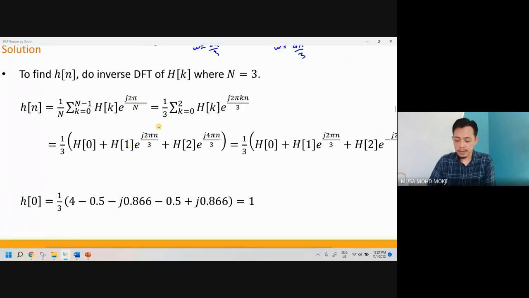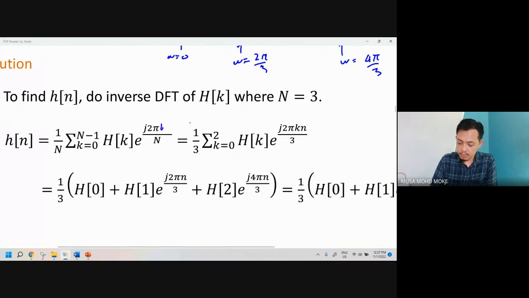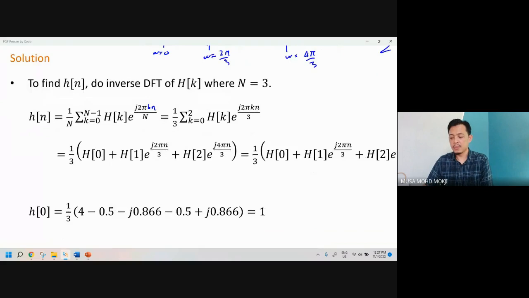So now we have this one. 1 over 3 because capital N equals 3, and then k is from 0 up to 2, and then h_k e^(j 2 pi k n over 3). So generally we have this because we replace capital N here. All right.